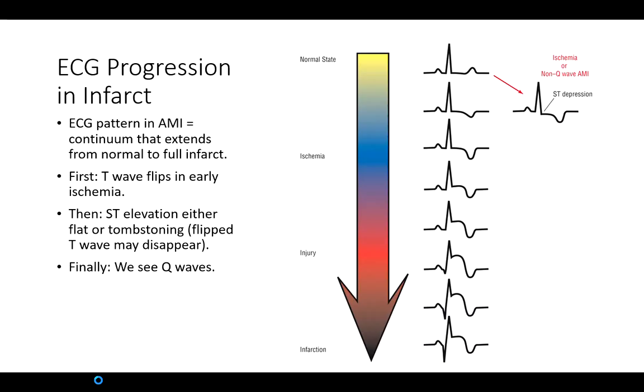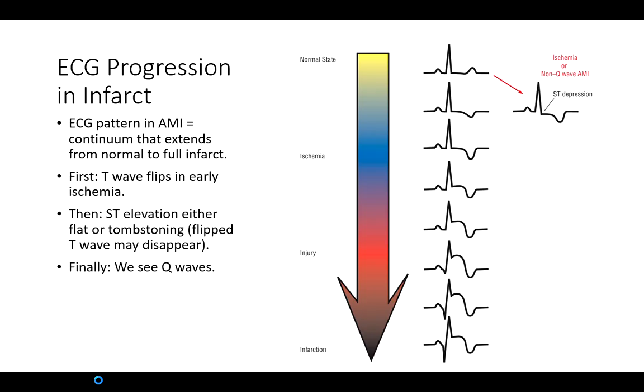Okay, so kind of in closing, we could go with a whole lecture on ECG progression in infarct. That's the honest truth. So we're just going to show a very quick understanding of myocardial infarction. So the ECG pattern in acute myocardial infarction is not really a static picture, but rather a continuum.